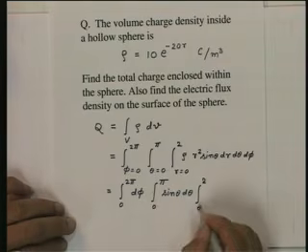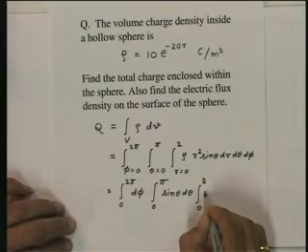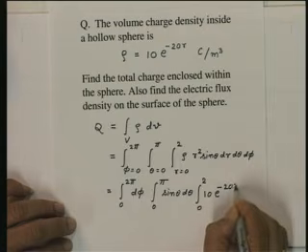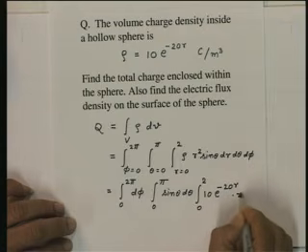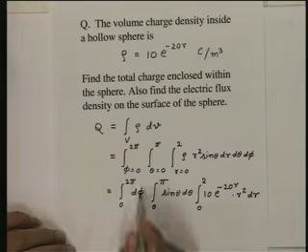So, integral 0 to 2 pi, and then we can substitute for rho from here, that is 10 e to the power minus 20 r into r square dr. This integral is very straightforward, that will give me equal to 2 pi.